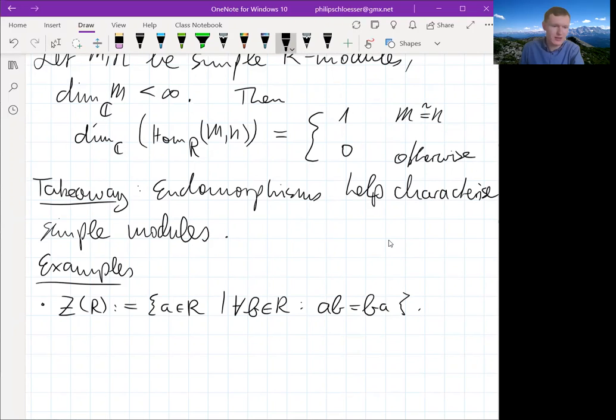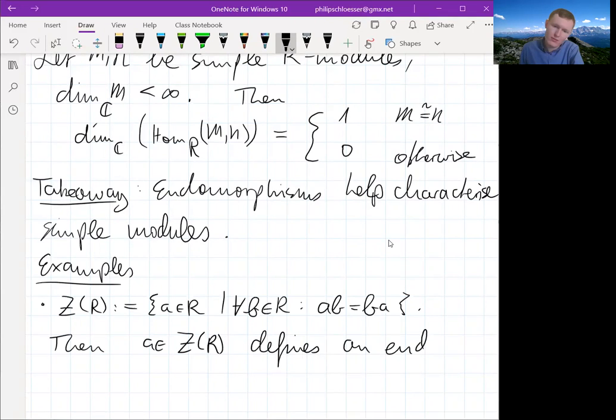An element of the center then defines an endomorphism of such a module M just by multiplication, the morphism phi.